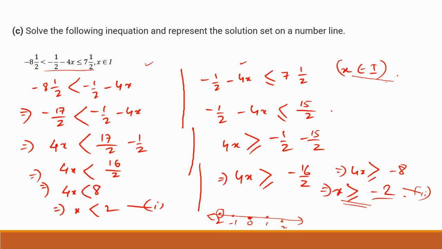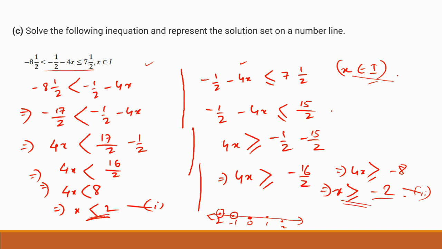From these conditions, x belongs to integer and x is greater than or equal to minus 2, you get x as minus 2, minus 1, 0, 1, 2, 3, 4, 5, 6, all the way till infinity. But the other condition gives another constraint, and it says x should be less than or equal to 2.